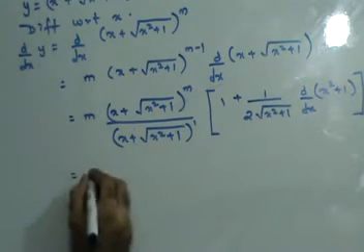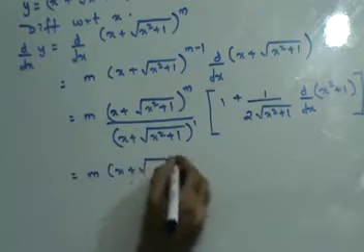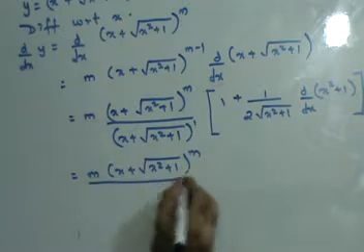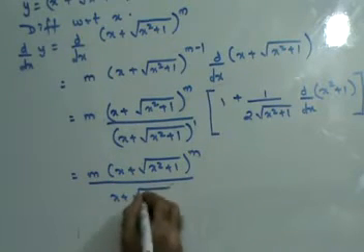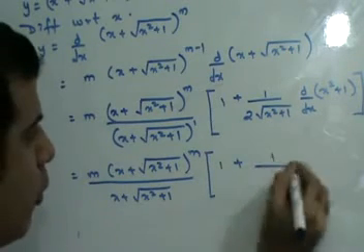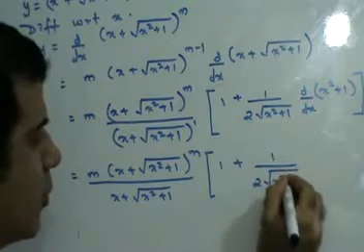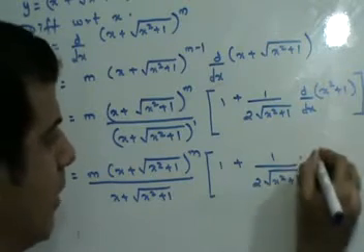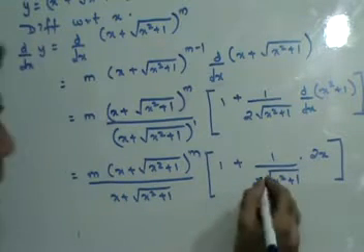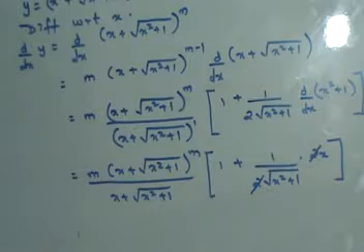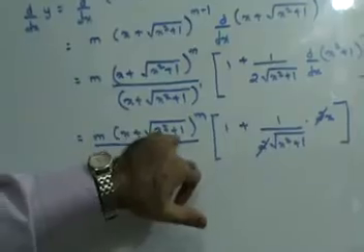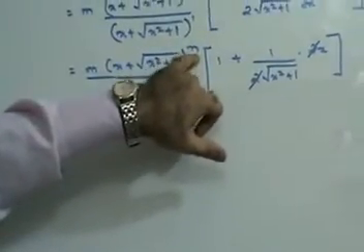Now this can be written as m x plus square root of x square plus 1 the whole raised to m upon x plus square root of x square plus 1, into 1 plus 1 upon 2 square root of x square plus 1 into d by dx of x square is 2x and d by dx of 1 is 0. Now cancel the 2 and 2. This is m x plus square root of x square plus 1 the whole raised to m.